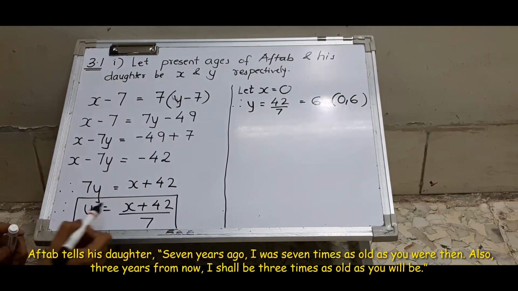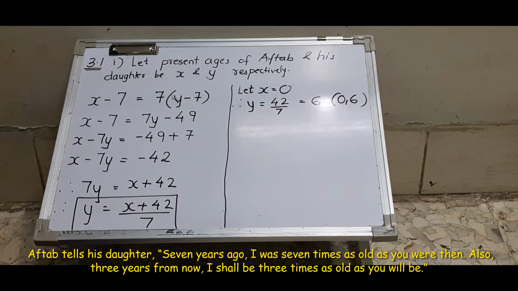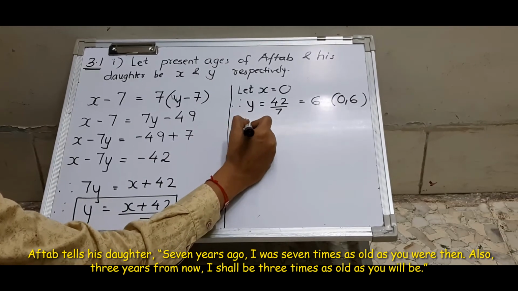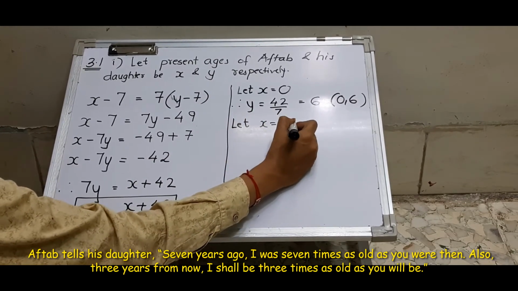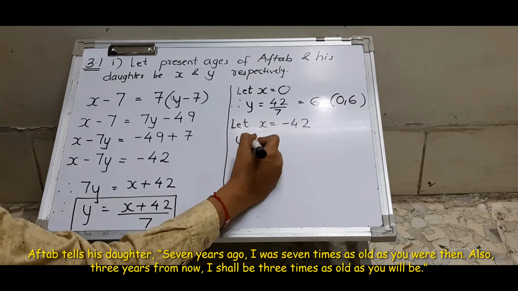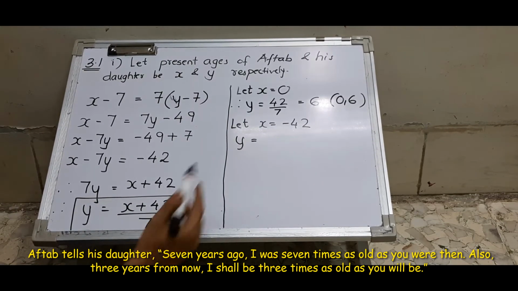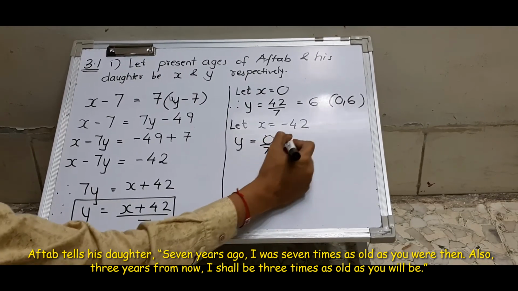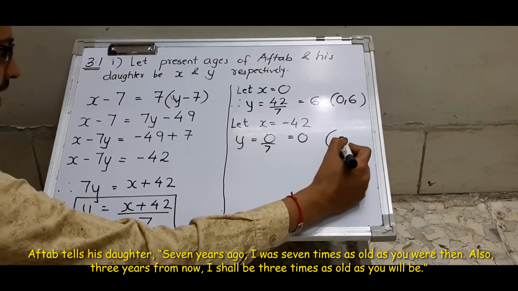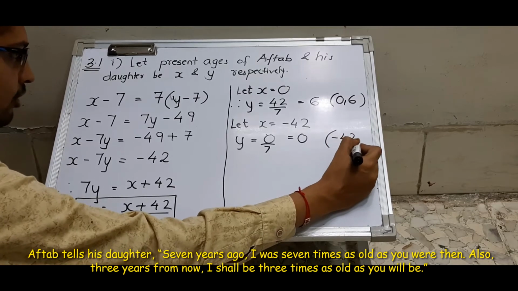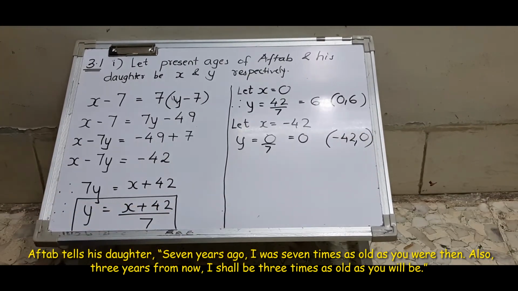Second, I will take x as minus 42. So let x equal minus 42. So what will my y be? Minus 42 plus 42, that is 0. So 0 upon 7, that is 0. So my second point, x is minus 42, y is 0.